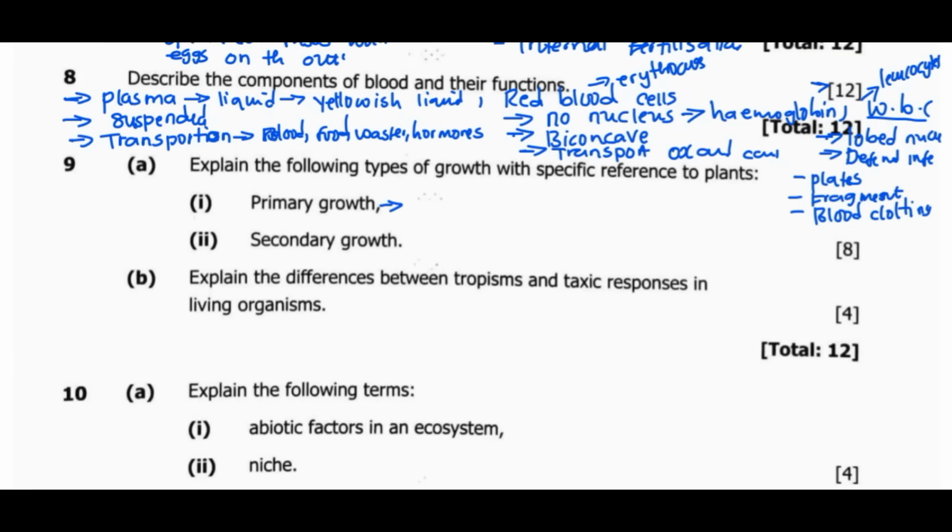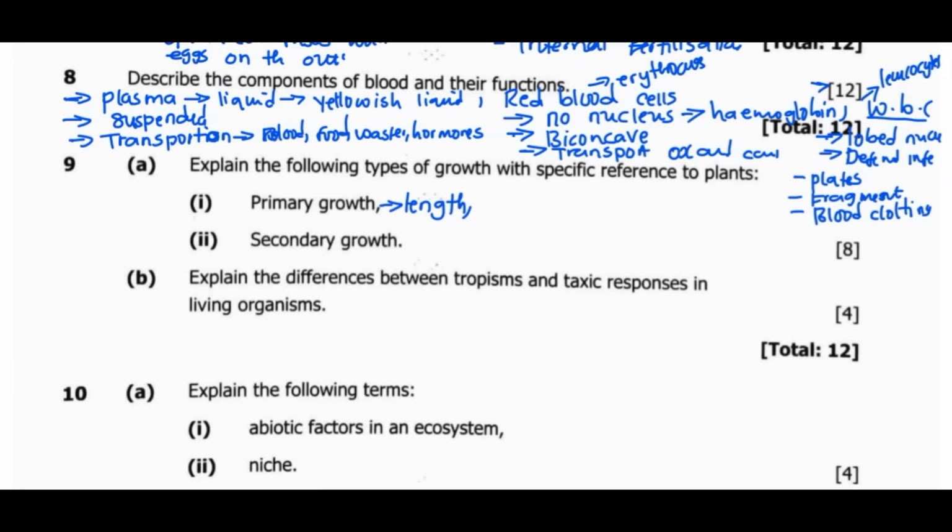So primary growth is just the type of growth that involves the plant growing in length, in height. So here we are not looking at the size or the diameter of the stem, we are looking at the height. So this one is responsible for the height or length.